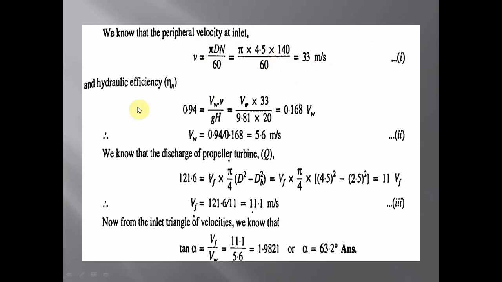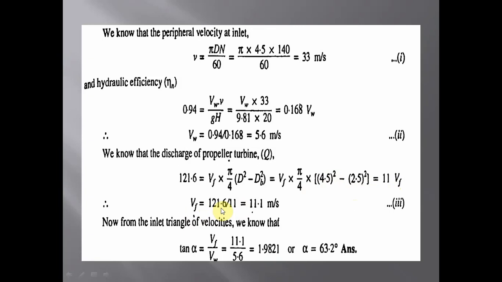Then also note hydraulic efficiency eta equal to 0.94, which is Vw V divided by g H, that is Vw into 33 divided by 9.8 into 20, that is 0.16 Vw. Vw is equal to 0.94 divided by 0.16, that is 5.6 meters per second. We also know the discharge of the propeller turbine Q equal to 121.6 equal to Vf into pi by 4 into (D squared minus Db squared), that is Vf into pi by 4 into (4.5 squared minus 2.5 squared), that is 11 Vf.